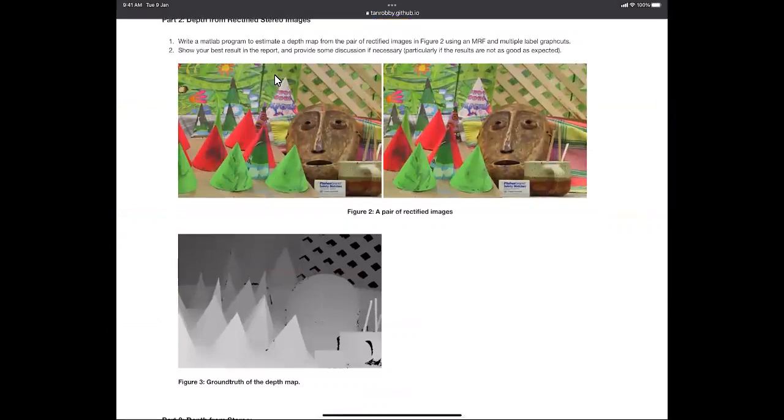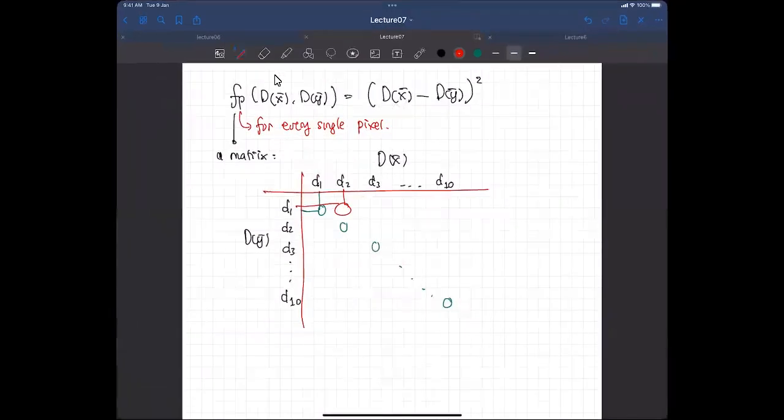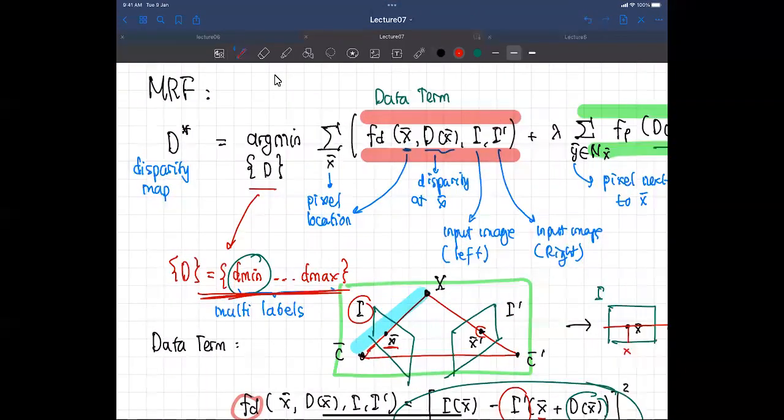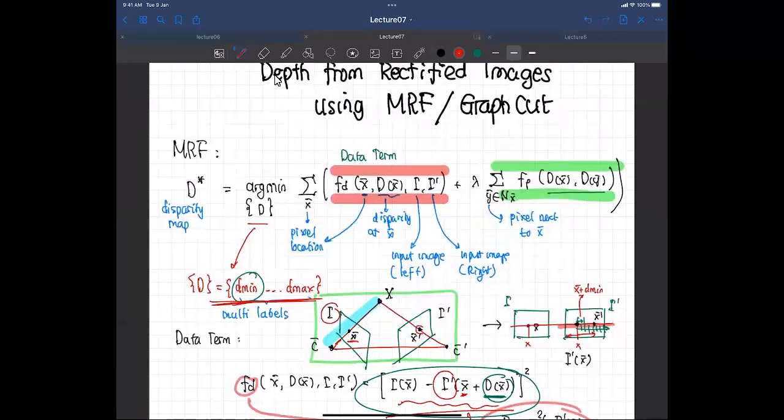So that one here, d is d1 until dmax, d1 until d10, the possible values of the depth. In your case, it's from 0 to 200 or 0 to 300, depending on what the maximum disparity is for your image.